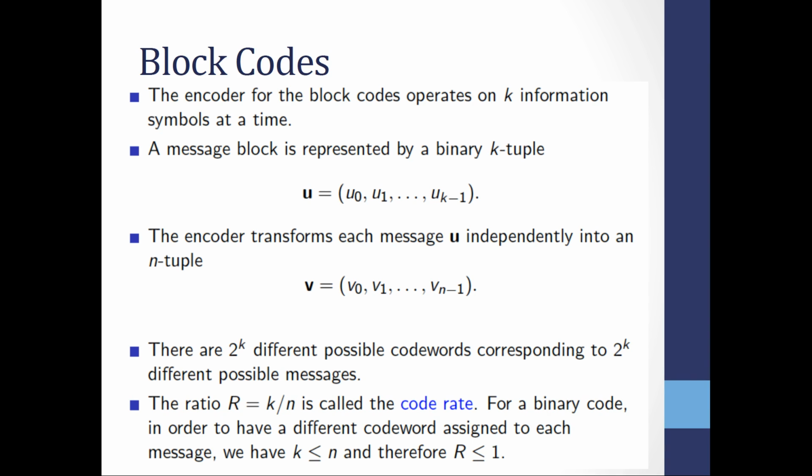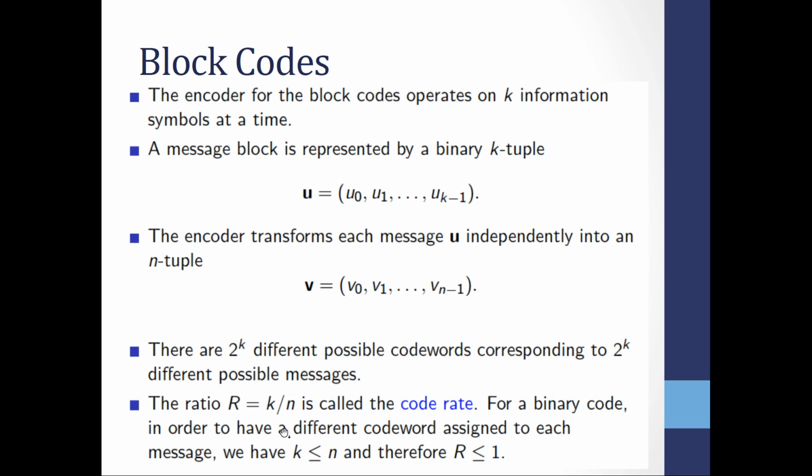You can get 2 to the power k, whatever k is. We call the ratio of k over n the code rate, denoted by R equals k over n, and this is usually less than 1. Why is it less than 1? Because n is usually greater than k. The number of bits after encoding is more than the number of bits before encoding.